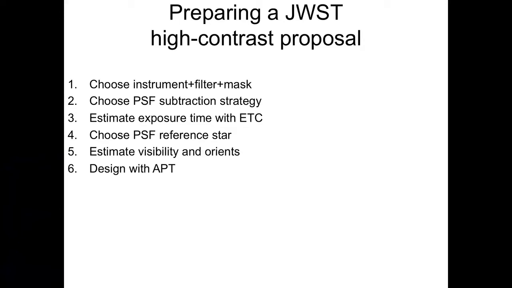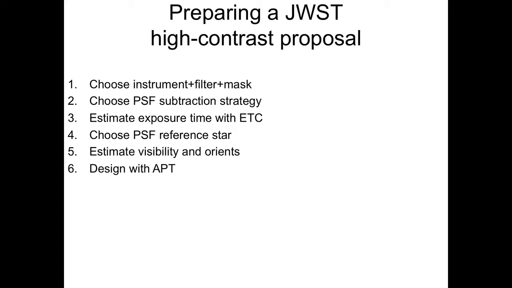So choosing the instrument, the observing strategy, designing the observations with the ETC, choosing your reference star, then use the CTVT to estimate the visibility period and the orients to find the best position angle for your observation, and then you go finally to the APT.